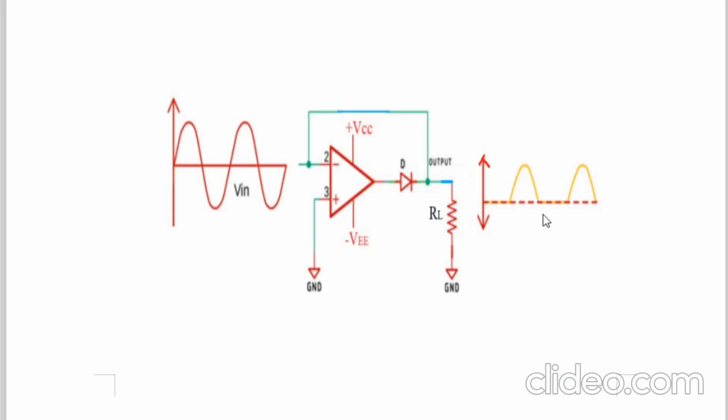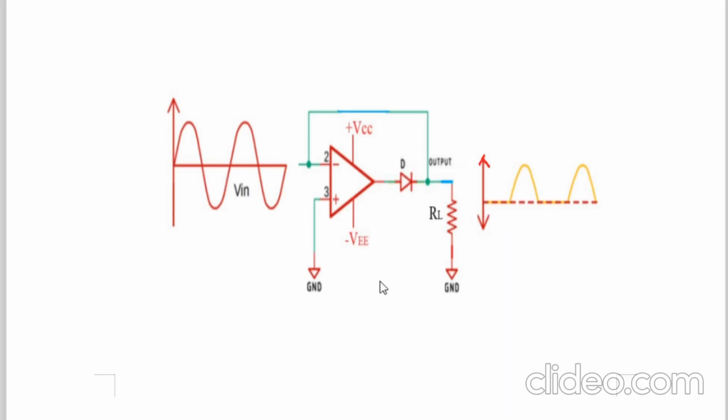But remember, for the positive half cycle, the diode was not conducting and the current flowing through the RL was 0. So don't show this negative half cycle starting from 0 as a positive half cycle. That will give a wrong diagram. The negative half cycle will come as a positive half cycle without changing its position or location. The positive half cycle will not come because the diode is not conducting and the output is 0 volt.